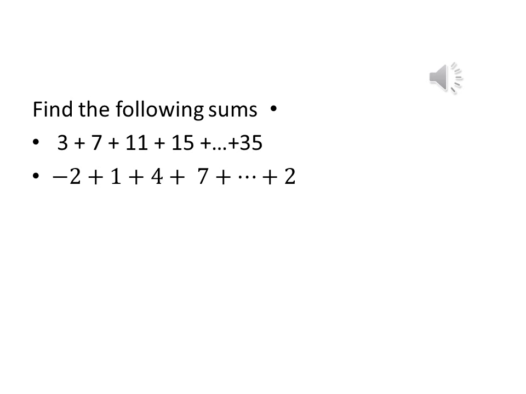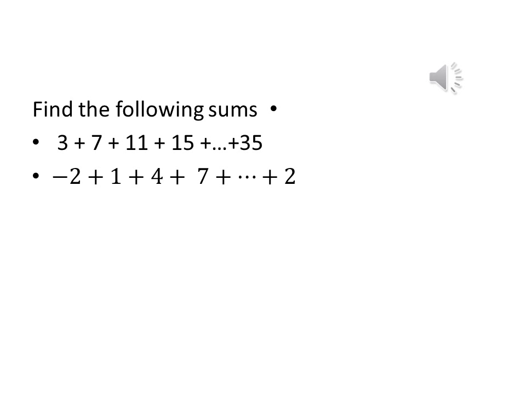Here the last term equals 35, which equals A1, which is 3, plus n minus 1 times g, where g is 4. From this equation, I can get n. So we get the number of terms. After I get the number of terms, the sum equals n over 2, bracket first term 3 plus term 35. We can get the sum.